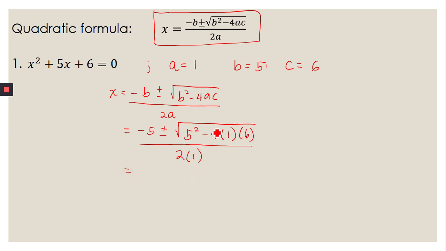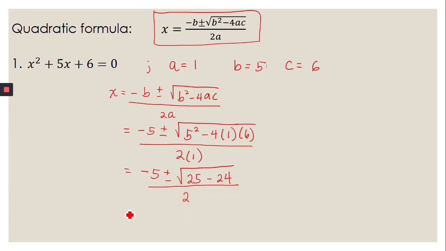So we've already plugged in all the values of a, b, and c. The next step is to perform the operations inside the radical symbol. So this will become negative 5 plus or minus 5 squared, which is 25, then negative 4 times 1 is negative 4, times 6 is negative 24, all over 2 times 1, which is 2.